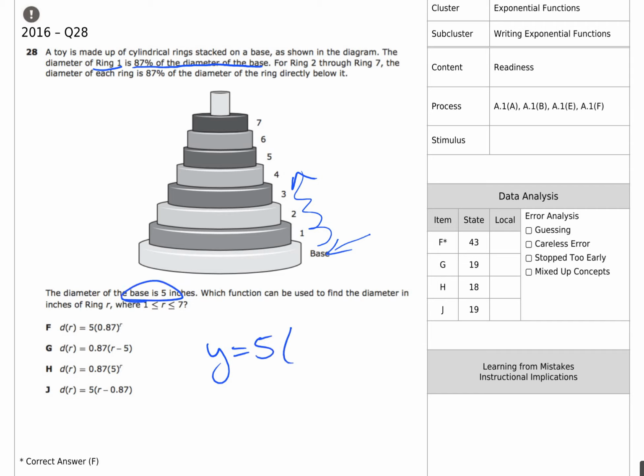So that's our initial value. And the question is, am I going to put 87% in the parentheses? Or am I going to do 1 minus 0.87? Well, what goes inside the parentheses? It's what remains. And since it says 87% of the base is the next level, then that 87% is what remains, 0.87. We do not subtract from 1. So the answer for this one is F.